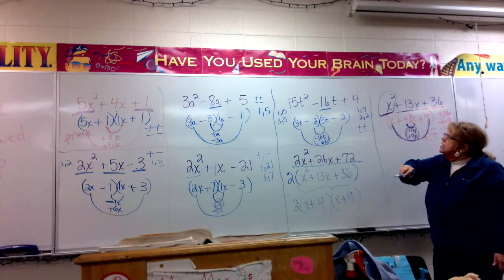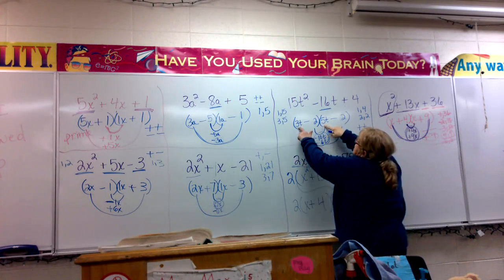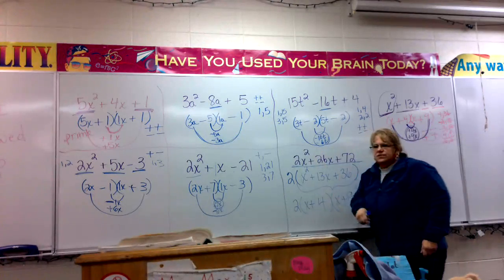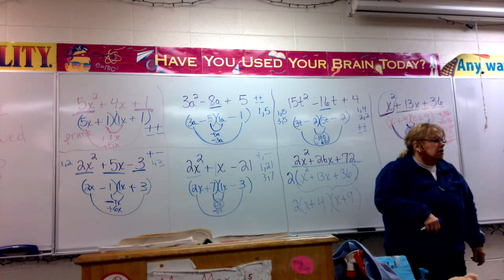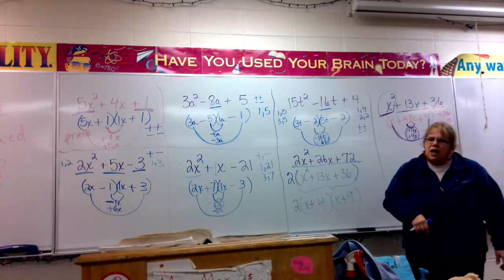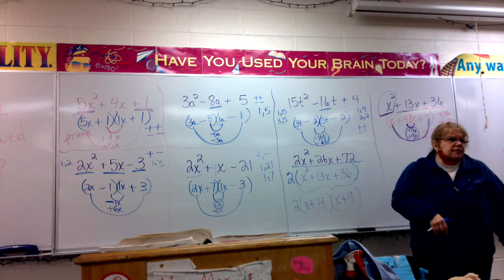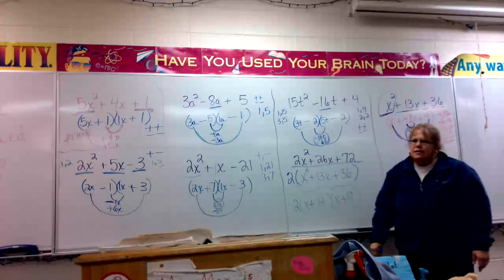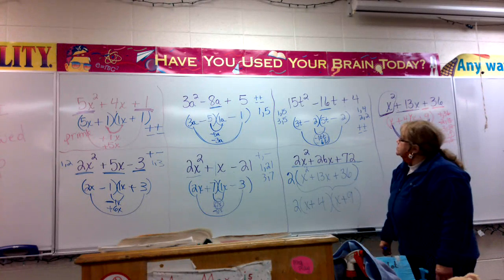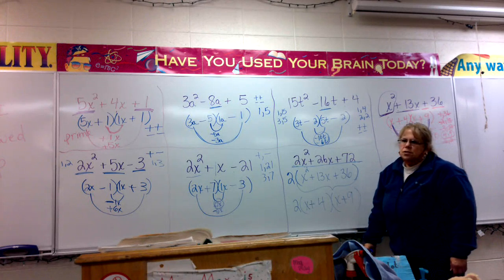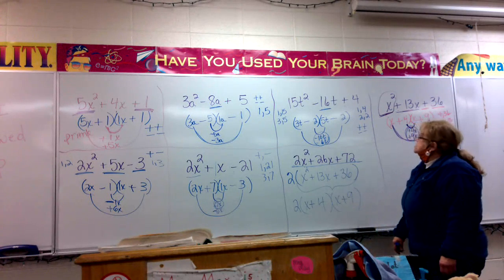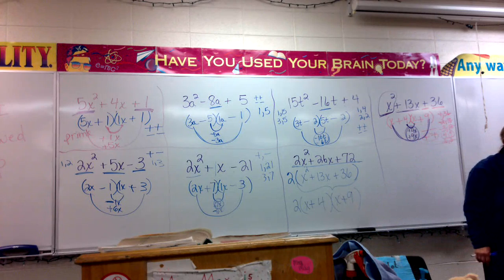If 2 and 2 didn't work, then you'd probably have to go back and change these to 1 and 15. Sometimes there's a little bit of luck. Sometimes you'll hit it right on the first time. Sometimes you'll erase and erase and erase. Does that make sense? Do you have questions? Should I do any more?